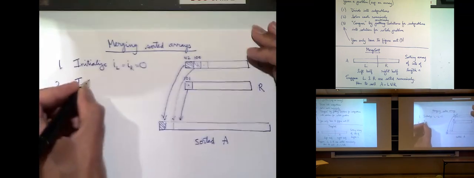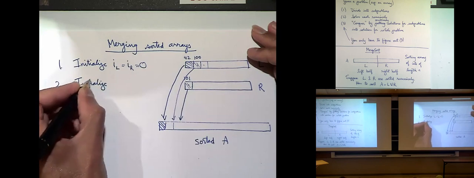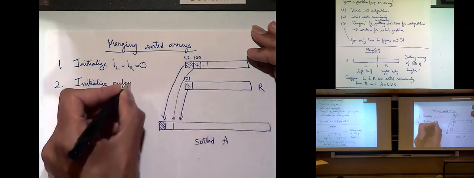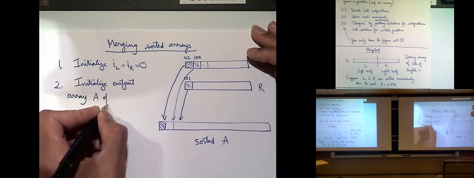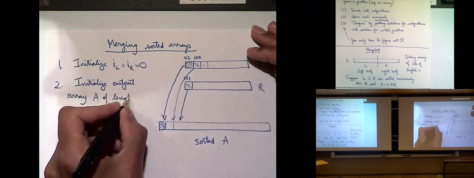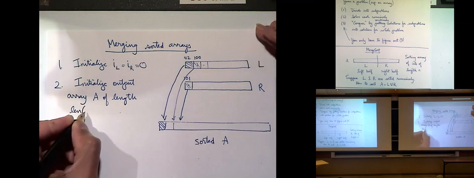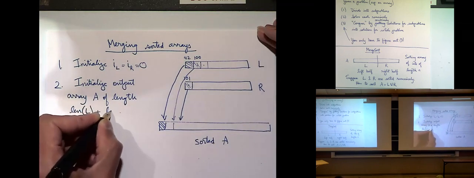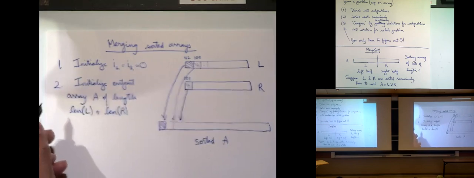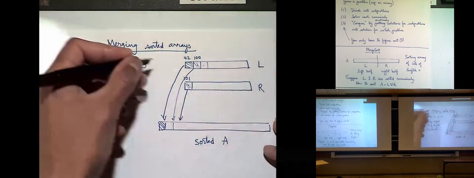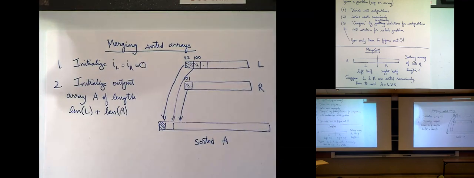And so we'll initialize an output array A of length the length of L plus the length of R. Right? That's just going to be the output. So your function here is, I give you two sorted arrays, output the sort of everything.